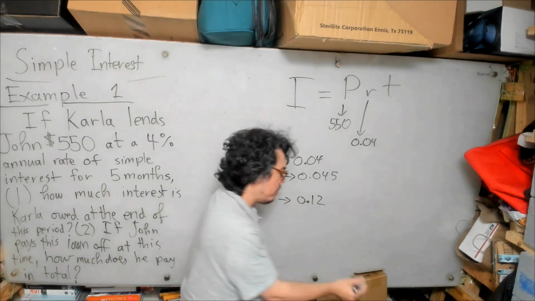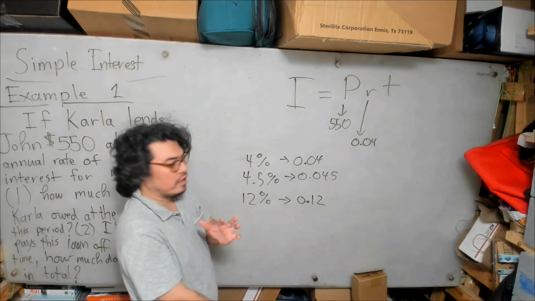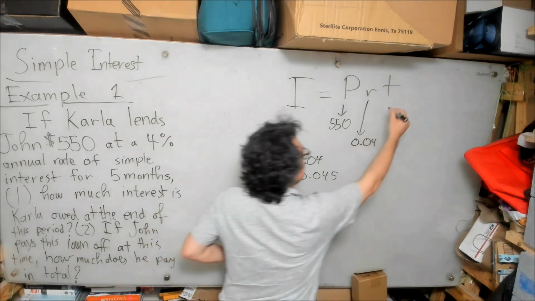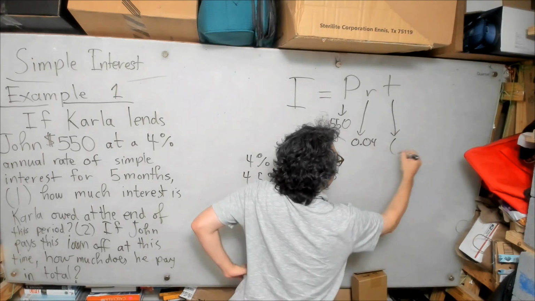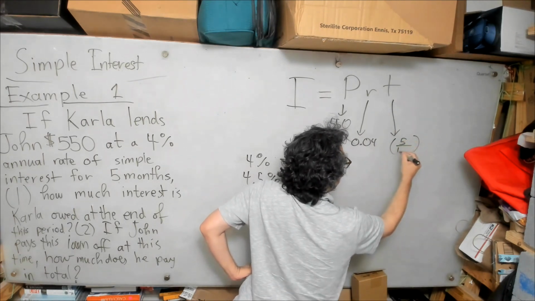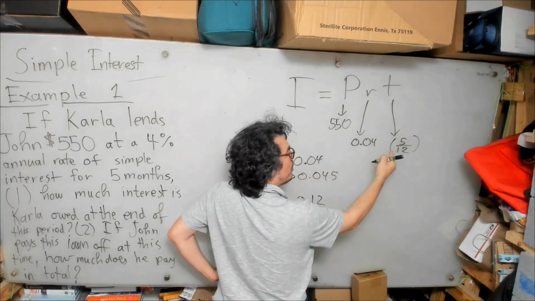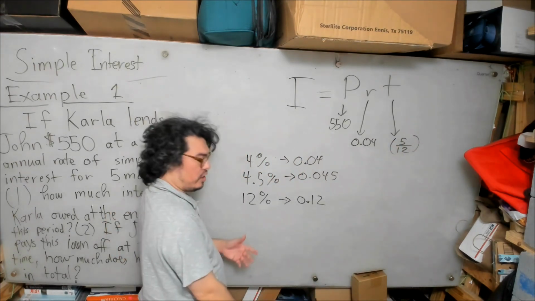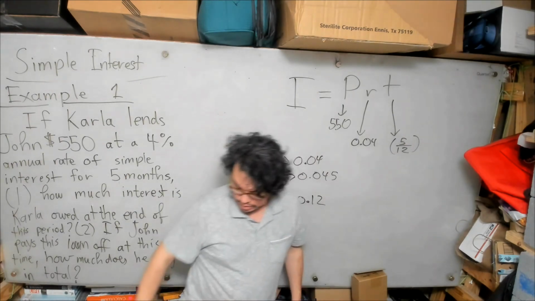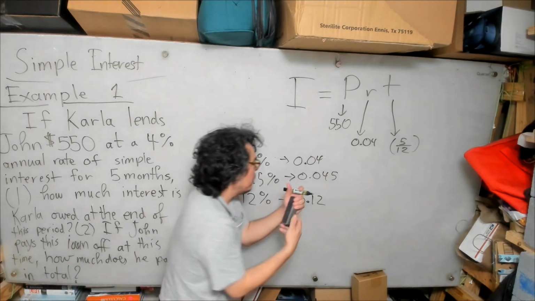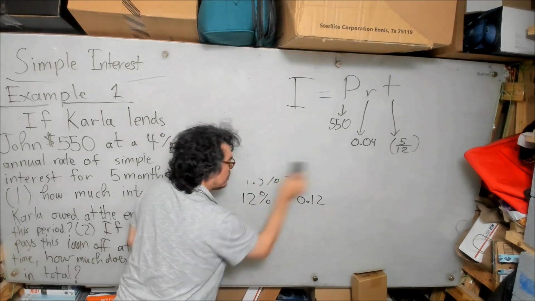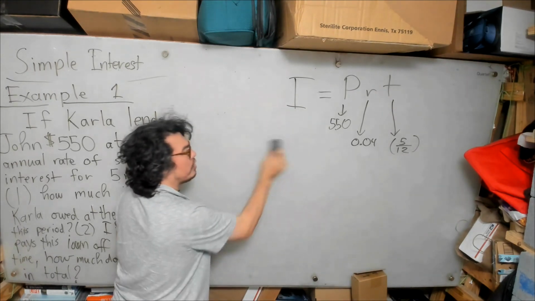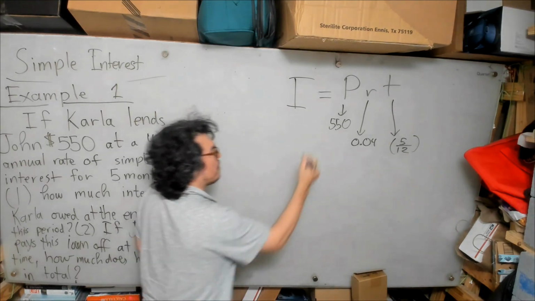Well, we know that there are 12 months in a year. And so in this case, we're going to write this as 5 divided by 12. This is 5/12 of a year. And now we're in a position to calculate the interest. Okay? Let me get rid of this little discussion so we can go straight to the plugging in now.